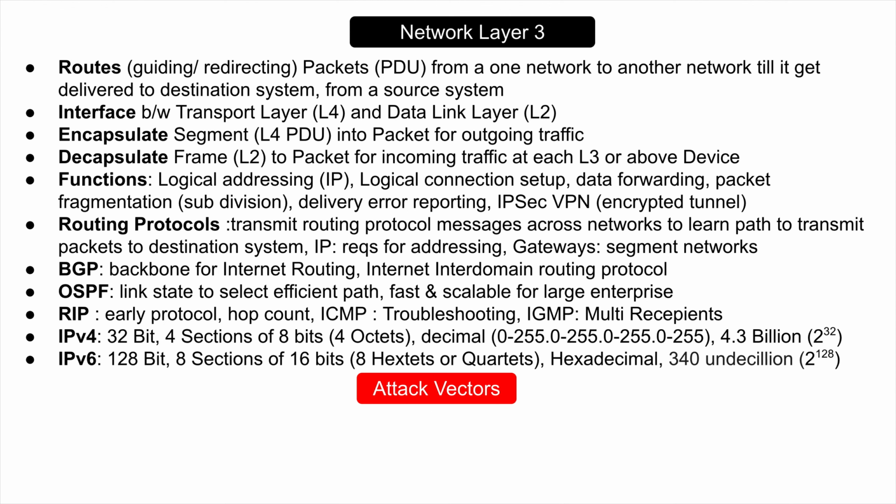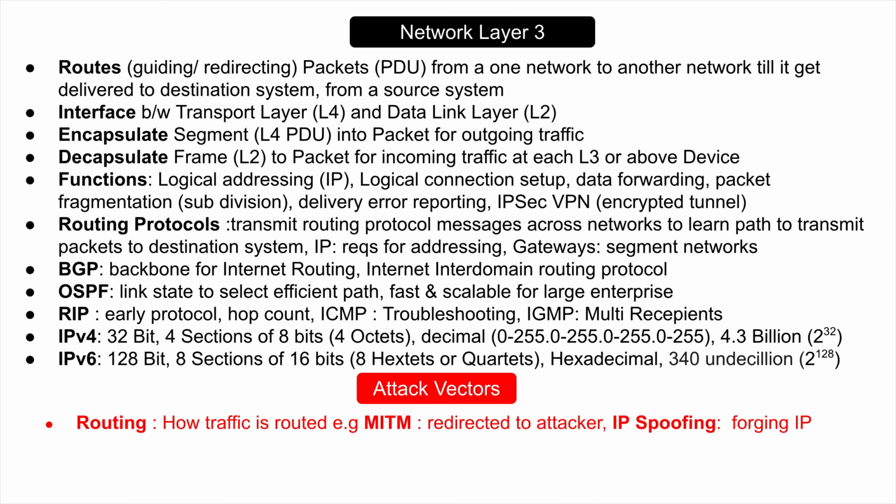Here the notation is not decimal but hexadecimal. The total number of IPv6 addresses is around 2 raised to the power of 128, which is about 340 undecillion.